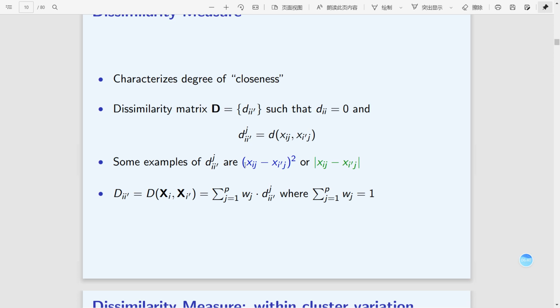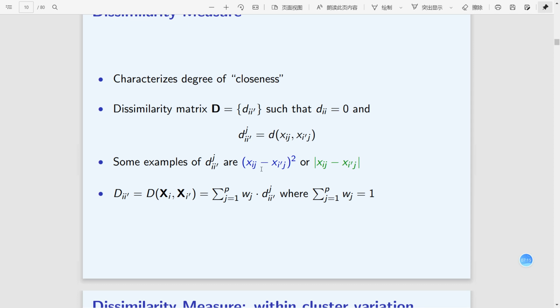Then in our previous example, we have two dimensions. So we can calculate the difference between x1 and xi in one dimension, or we compare different dimensions. We can either use the absolute distance, or we use the power of the value of the distance.